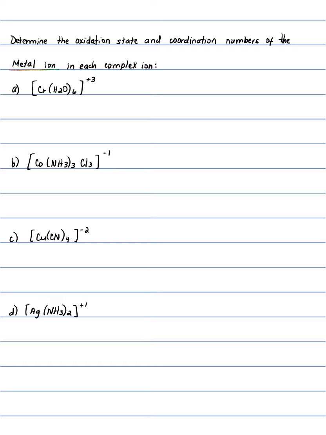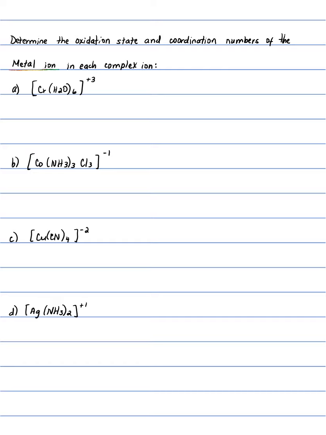So the first example, I'm going to do 2 and then I'm going to leave the other 2 for you to solve. I'm doing the first one. So the first one, we have chromium, we have 6 waters. Those 6 water molecules are bonded to the chromium. So let's work on finding the coordination number first. The coordination number is telling you how many ligands are bonded to the metal.